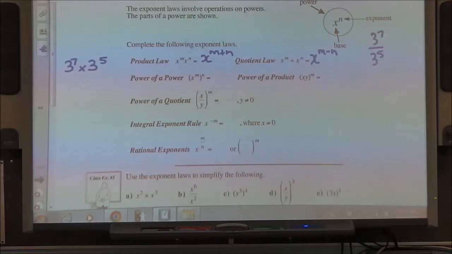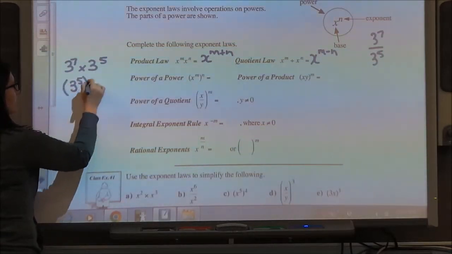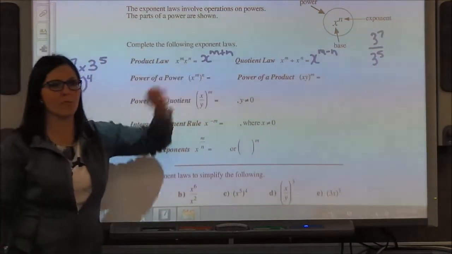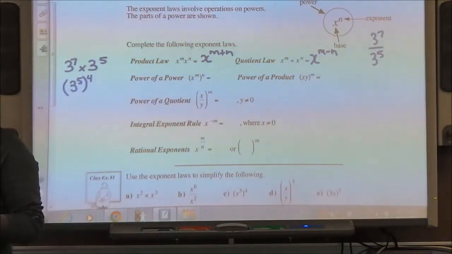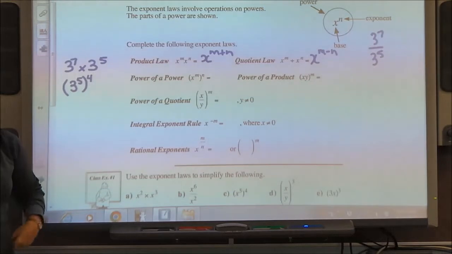Power of a power looks something like this. I have 3 to the power of 5 raised to the power of 4. So what that means is I have 3 to the power of 5 multiplied out 4 times. What would that simplify to? 3 to the power of what?